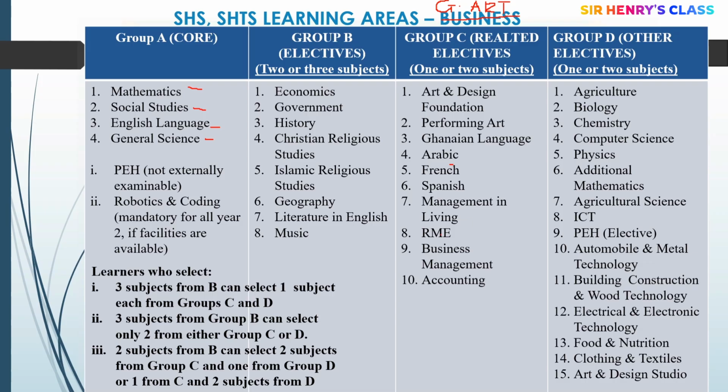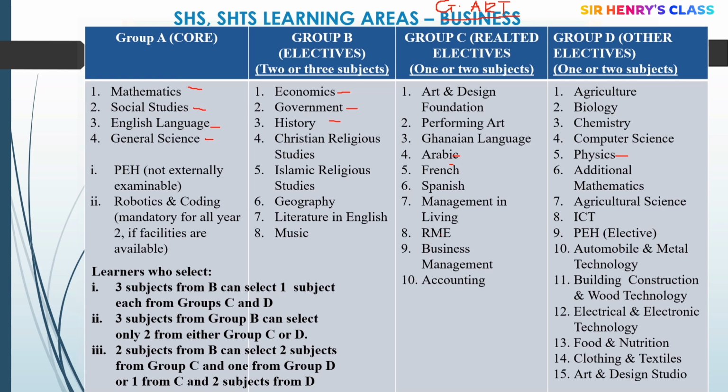All right. So if you happen to choose 3 from here, let's say econs, government and history, you can only choose 1. So maybe Arabic and then physics. That is all. Now, if you choose 3 subjects from group B, then you can select only 2 from either C or D. So you know here, we said when we pick 3, we do 1, but we can also do 2 from just one of the electives.